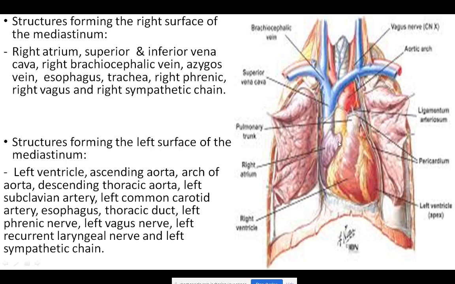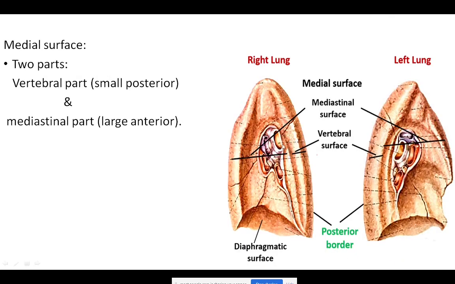Then the brachiocephalic vein. Then the azygos vein, which we cannot see here, it's over here. Then the esophagus around here.